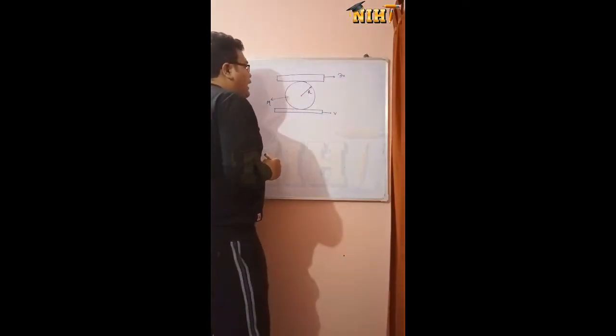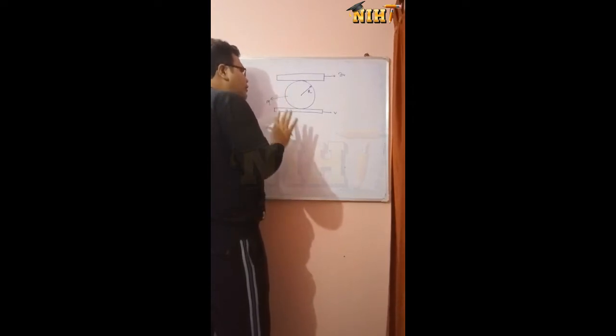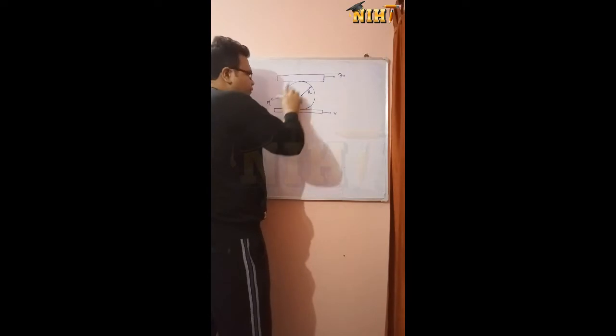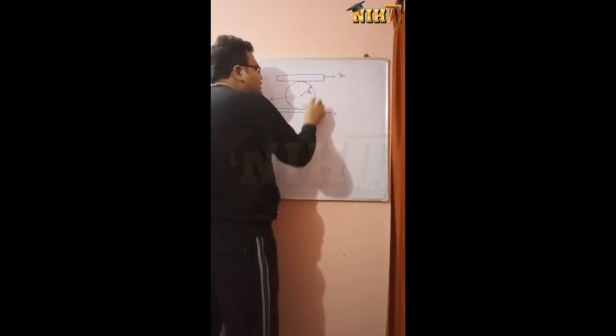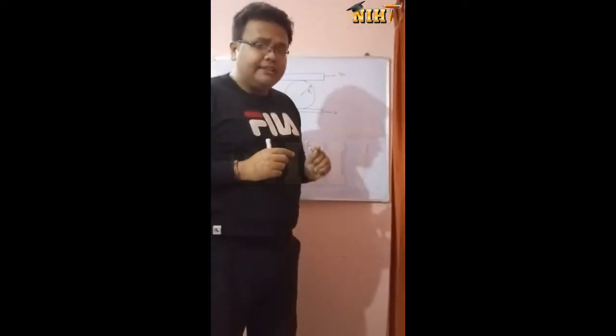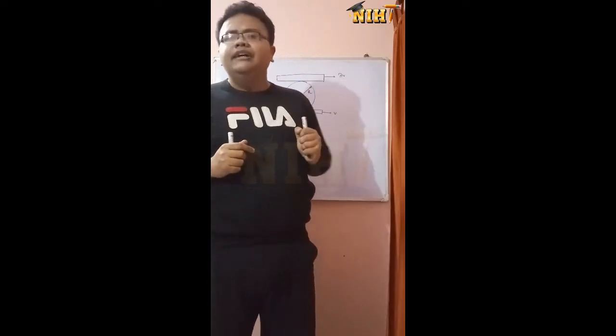Now you have to find the requirement of this question. The main requirement is that if the sphere is rolling between these two plates, what will be the angular velocity, and what will be the linear velocity of the center of mass.